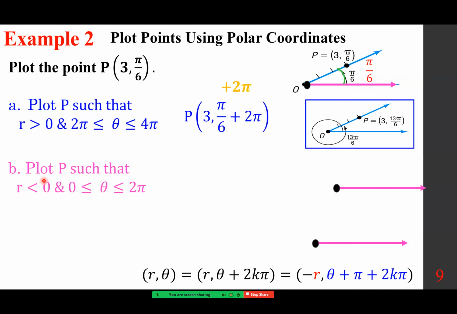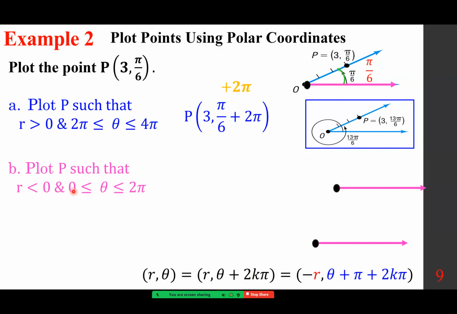Here's another one. We want the same point. This time we want r to be negative and theta between 0 and 2 pi. In other words, don't change theta if you don't have to, but change r to negative. If you want r to go to a negative value, then you have to add pi to theta. Now, you can add pi plus 2k pi. This means odd multiples of pi; 2k pi means even multiples of pi. So I can add pi or 3 pi or 5 pi or 7 pi.